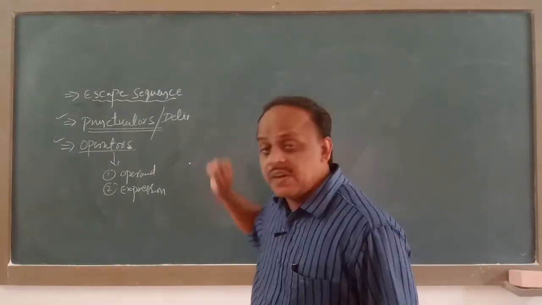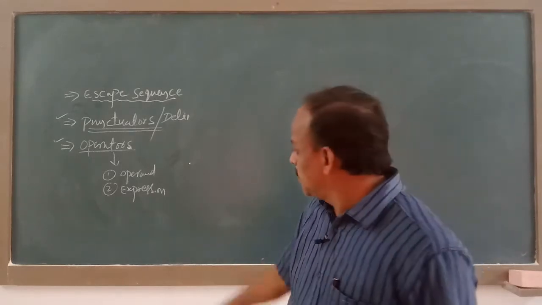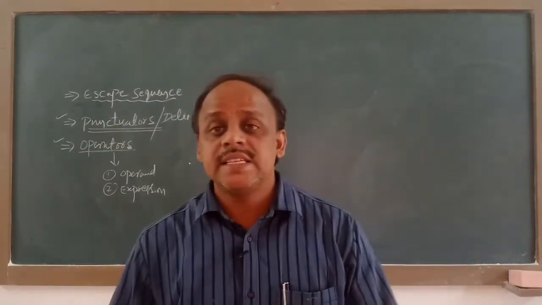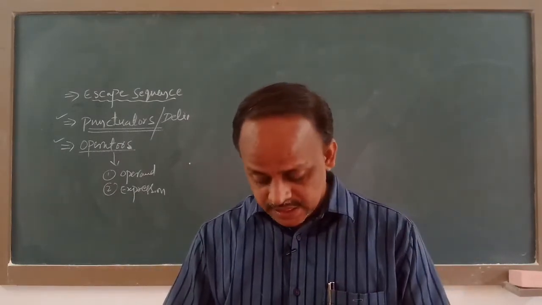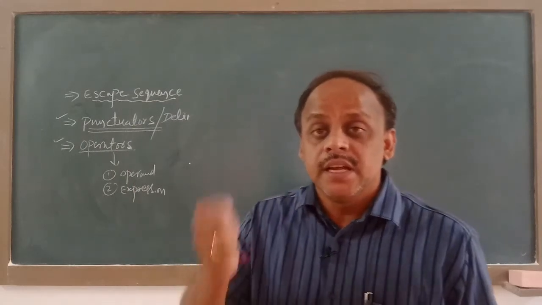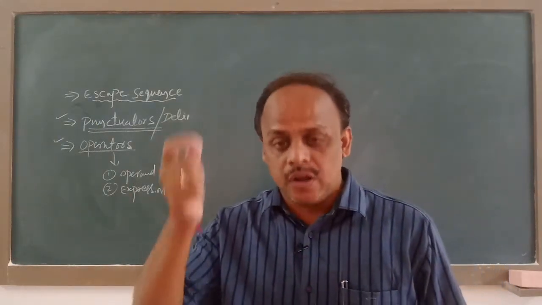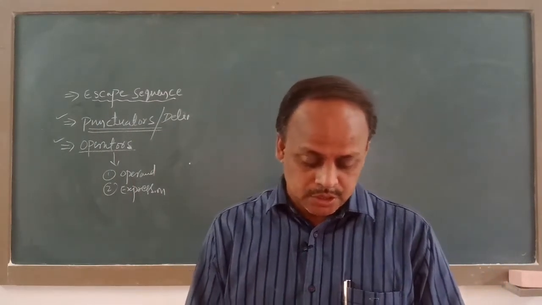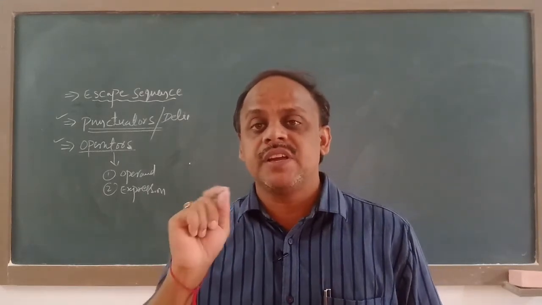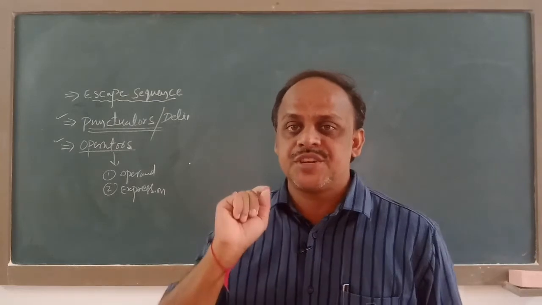Now let us see once again what an operator is. Afterwards we will discuss operand and expression. An operator is one of the tokens of C++, a symbol used to tell the compiler to perform some specific operation or manipulation.